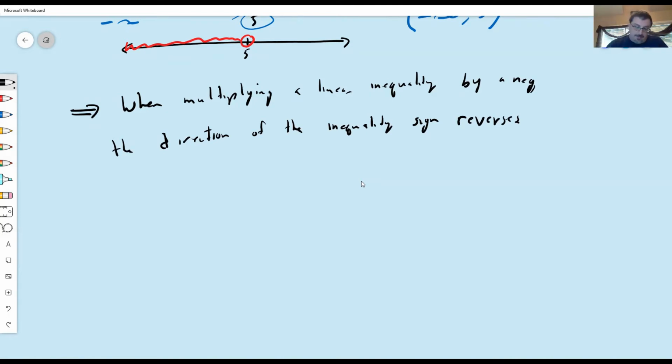And I'll make a note here, multiplying or dividing, it doesn't matter which one you're doing. If you multiply or you divide by a negative, you have to switch direction.